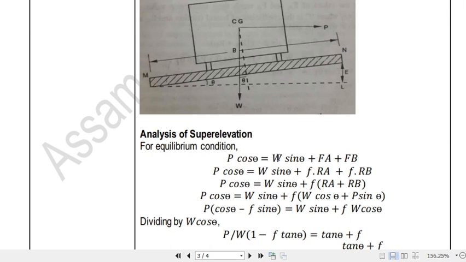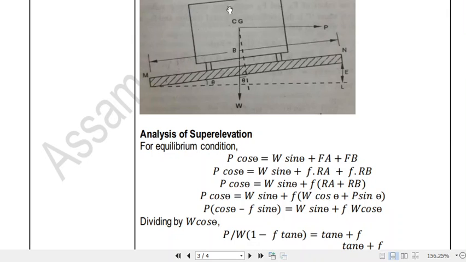So P cos theta is equal to W sin theta, which will be acting in this direction, plus Fa plus Fb, or P cos theta equal to W sin theta plus F into Ra plus F into Rb, that is F into (Ra plus Rb).